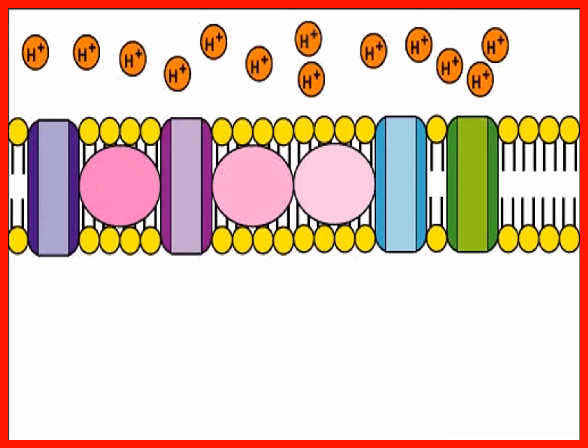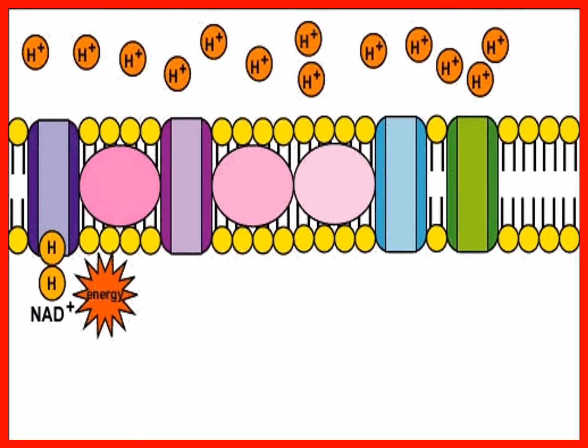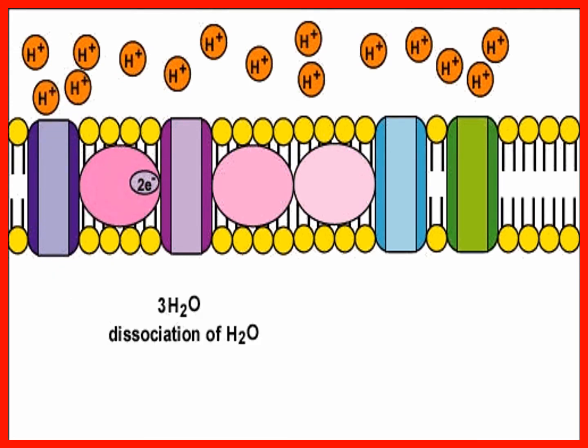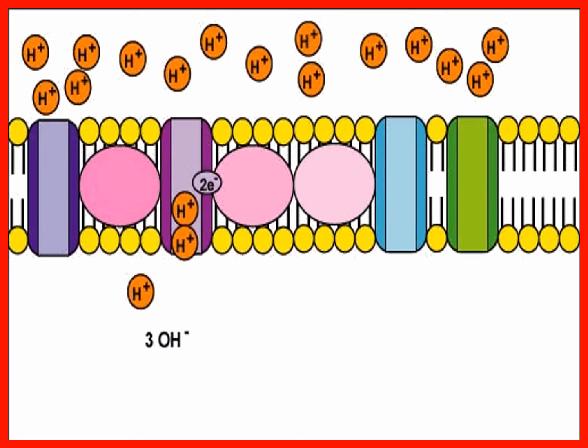So here's an animation that shows what happens to the reduced NAD and reduced FAD that are produced. Because they're reduced, they can then be oxidized, which releases hydrogen ions and electrons. These hydrogen ions can then be pumped across the membrane against the concentration gradient, whereas the electrons are transported from one electron carrier protein to another on the membrane.